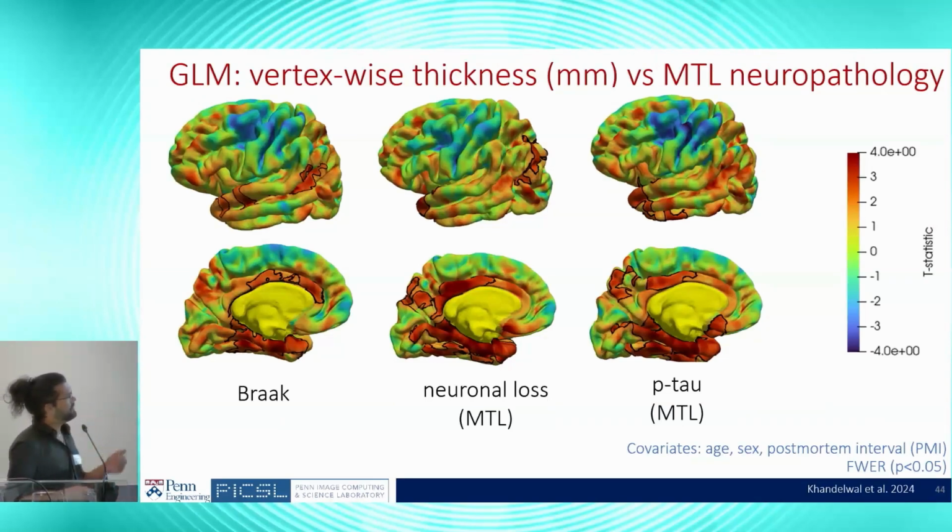The hotter the color, the better the correlation, and in those black clusters, you can see that the regions implicated in AD, the entorhinal region and the MTL, come out to be statistically significant. So this is another part of the tool which gives us the ability to do group-wise analysis in postmortem.